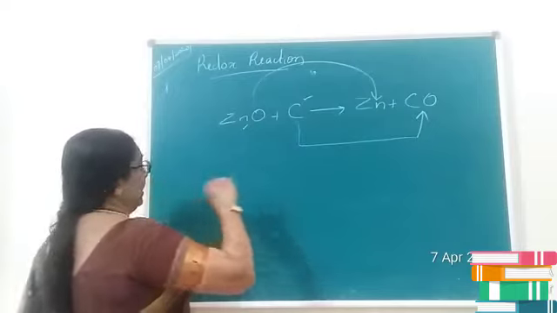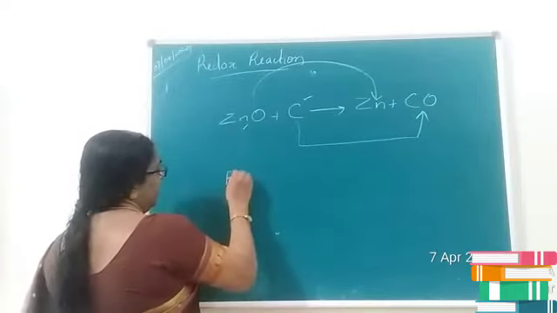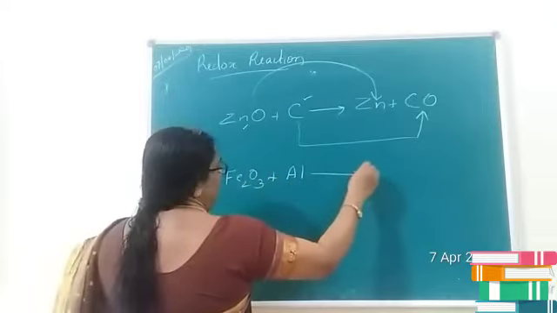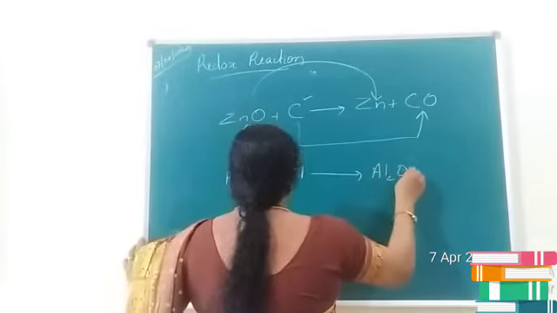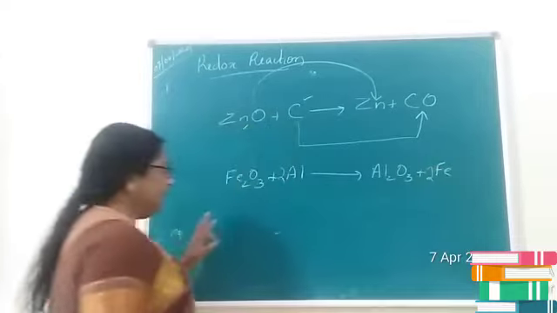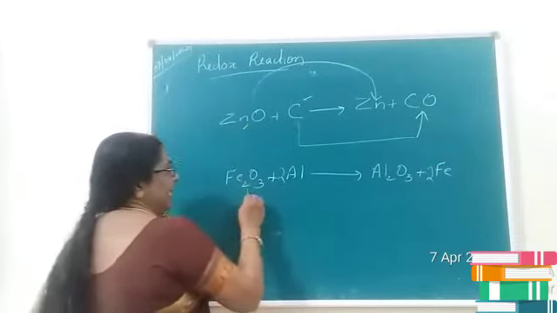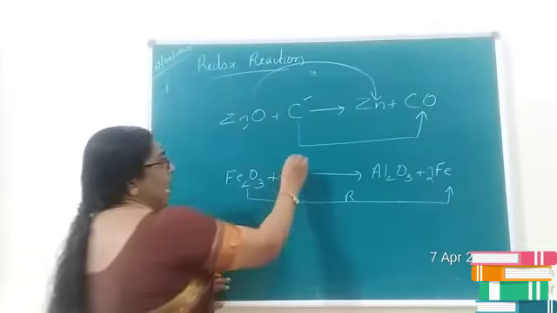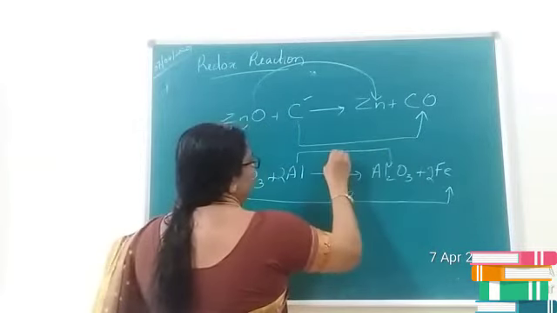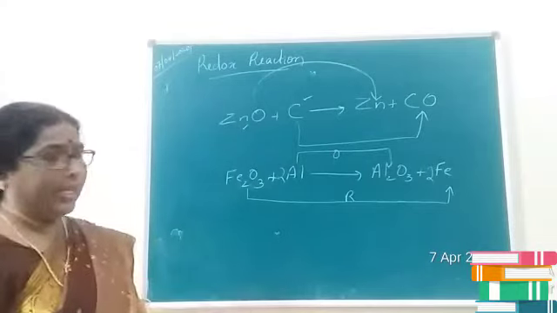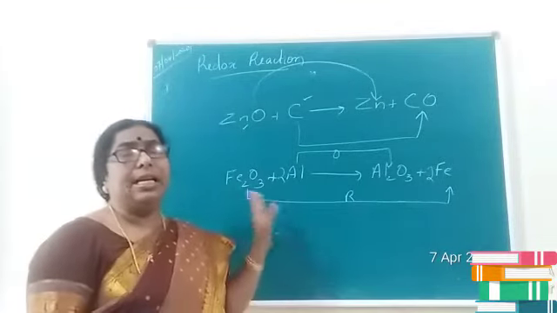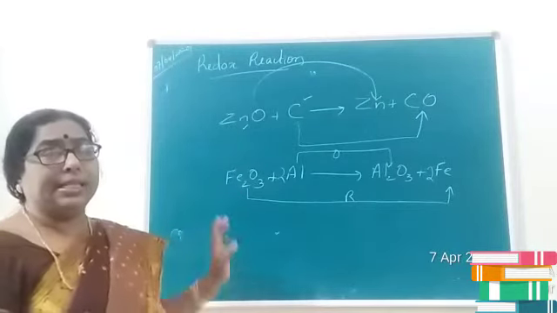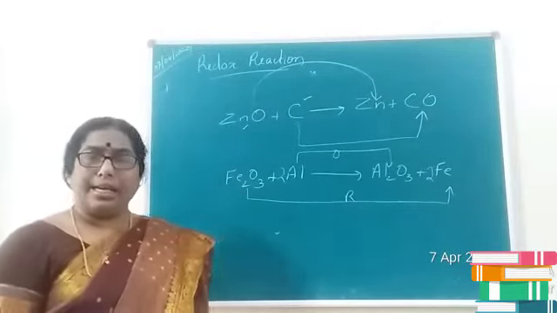Consider another example: Fe2O3 reacts with aluminium and you get Al2O3 plus Fe. Just see children, in this case Fe2O3 undergoes reduction where you can see removal of oxygen, and aluminium undergoes oxidation where you can see addition of oxygen. So this type of reaction in which oxidation and reduction take place simultaneously is termed as redox reaction.